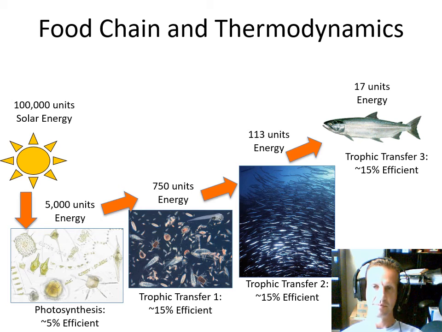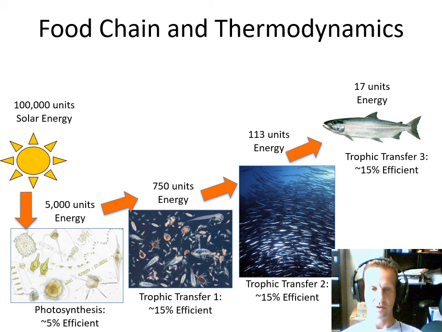And you can see that diminishing in the amount of energy remaining in the food chain as we apply these percent reductions here. Of 100,000 initial units of solar energy, 5,000 of those are captured in the photosynthetic process of the phytoplankton.